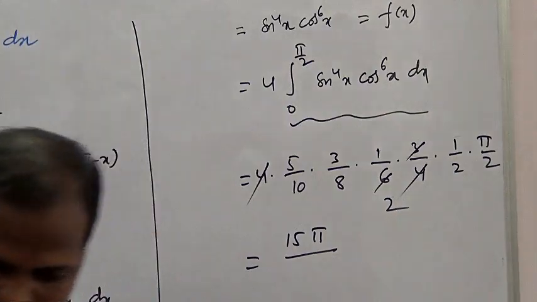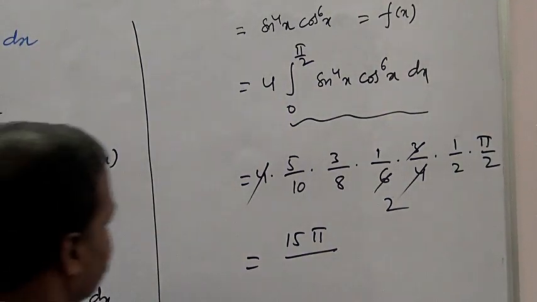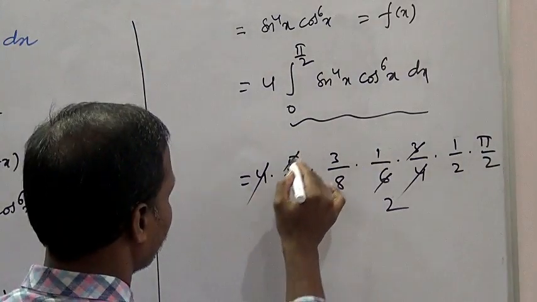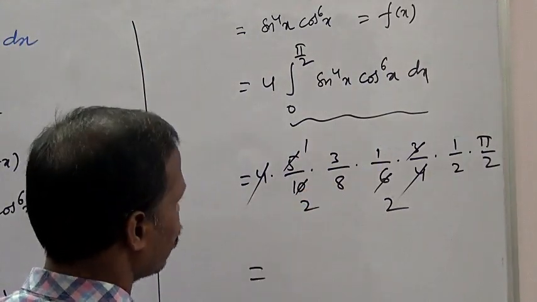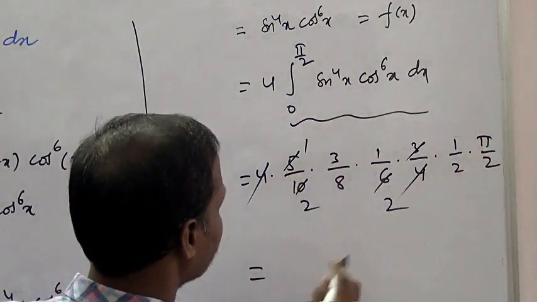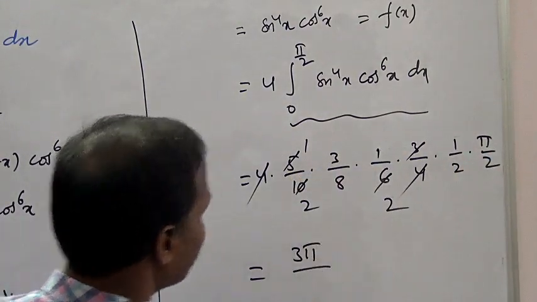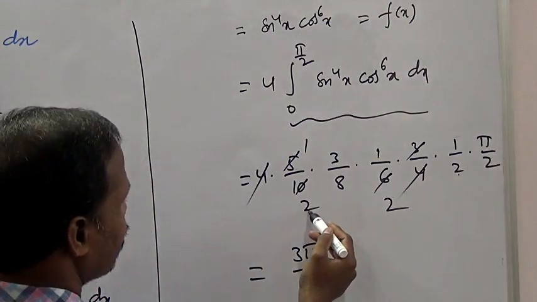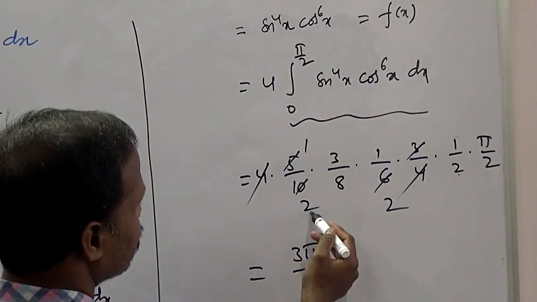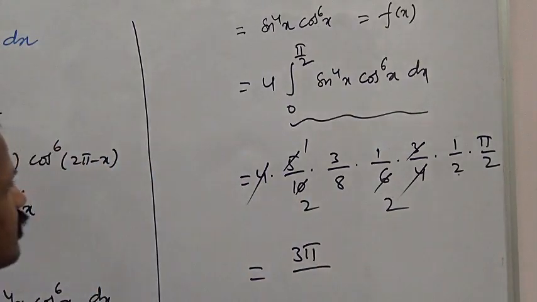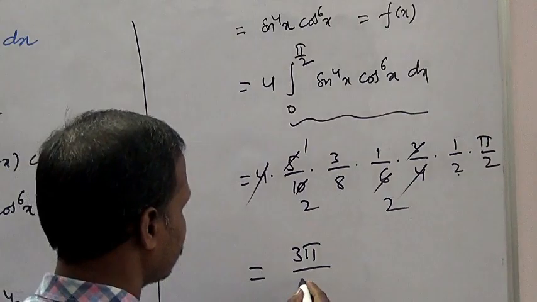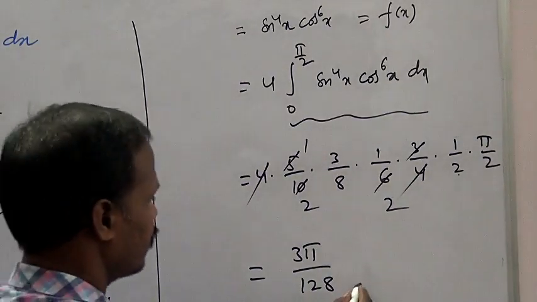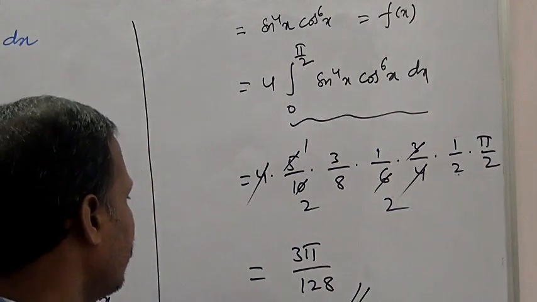It is still to be simplified. 5 1s are 5, 5 2s are 10. Now the numerator is 3 pi, and the denominator is 4, 8, 16, 128. So the answer is 3 pi by 128.